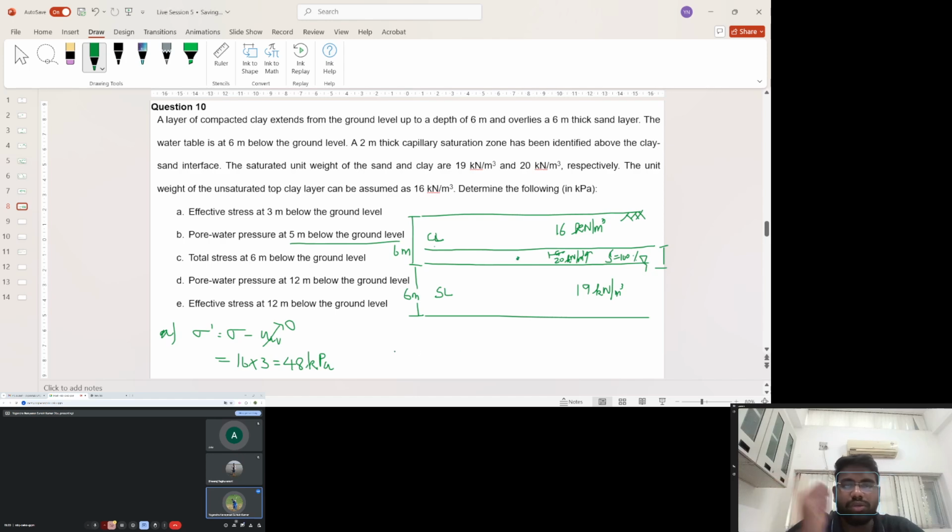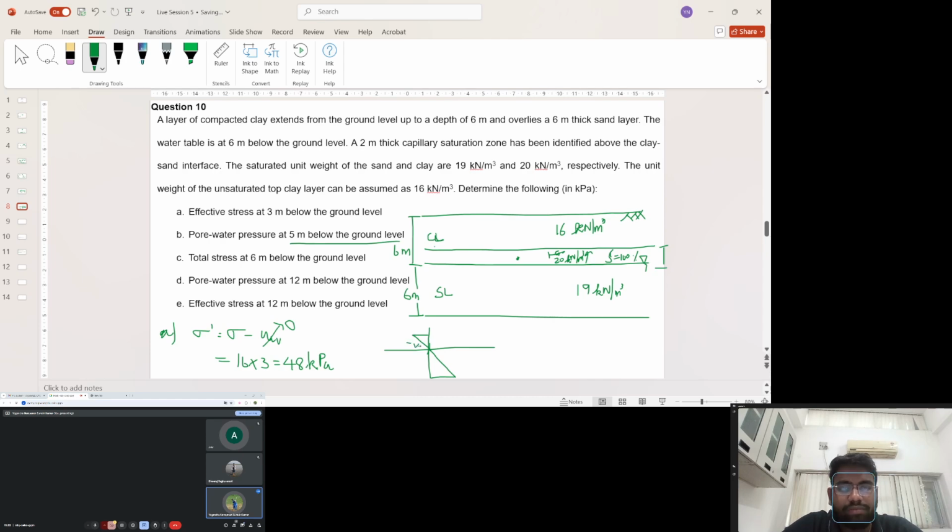Now when you draw the diagram, at the capillary zone interface pore pressure will be 0, and further it will be like this. Here pore water pressure will be negative.